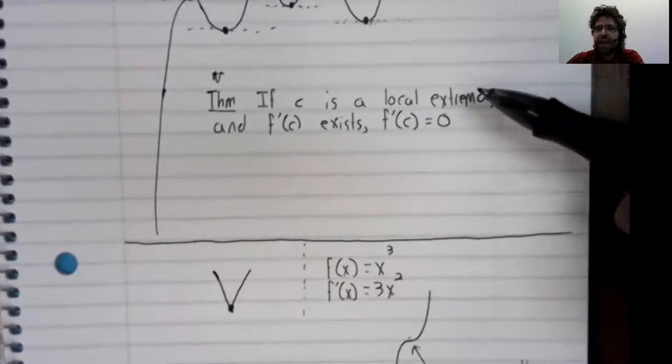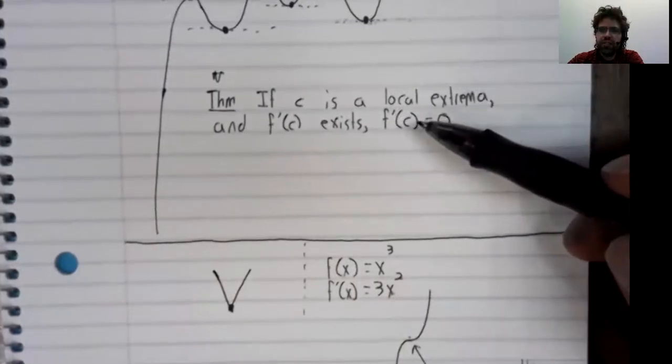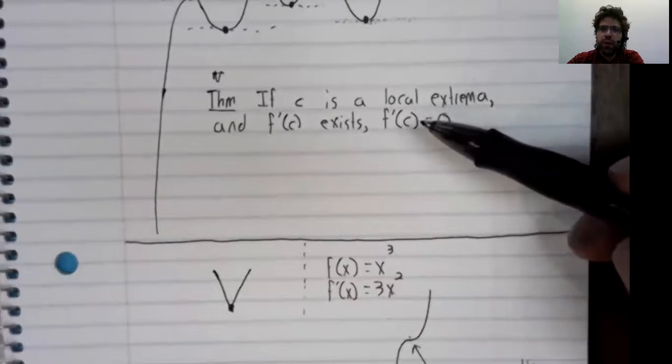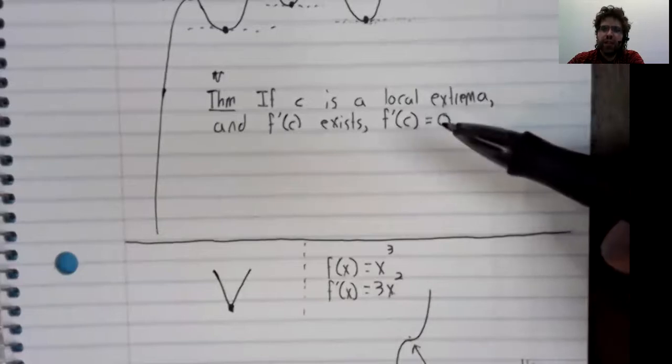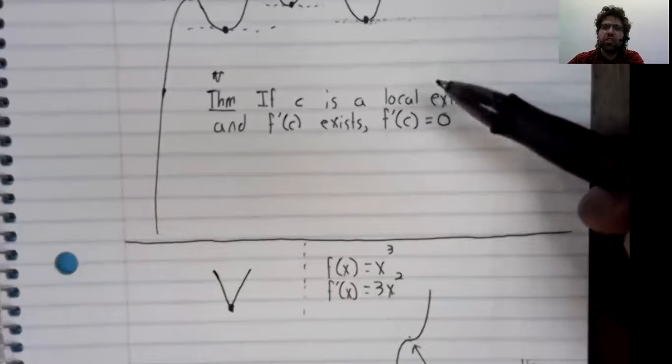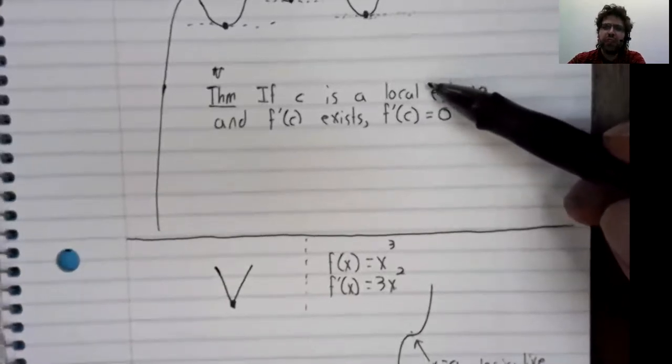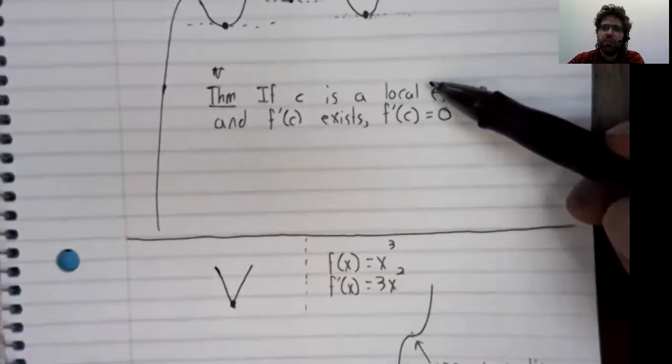So if we have a local extrema, the derivative is 0, but we can't go the other way. The derivative being 0 does not mean we have a local extrema.